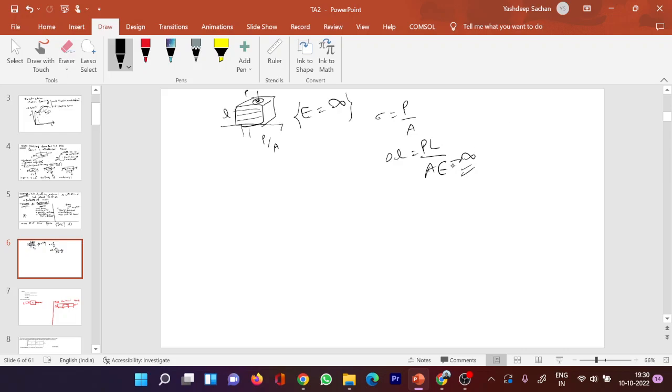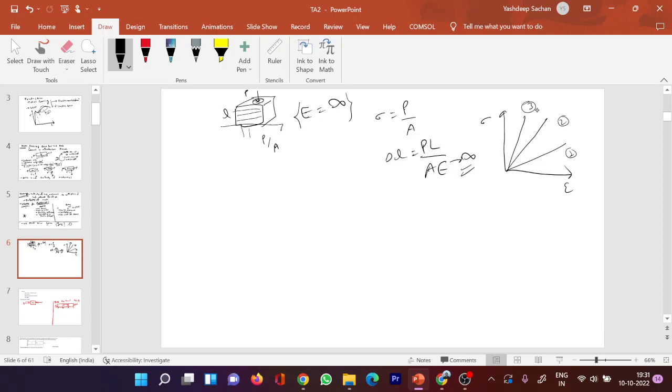Between them, you are saying E is high? E is high means, yes, like this is the graph, sigma versus epsilon. This is one material, this is the second material, this is the third material. Yes sir, first, second, and third. So now which material has more Young's modulus?